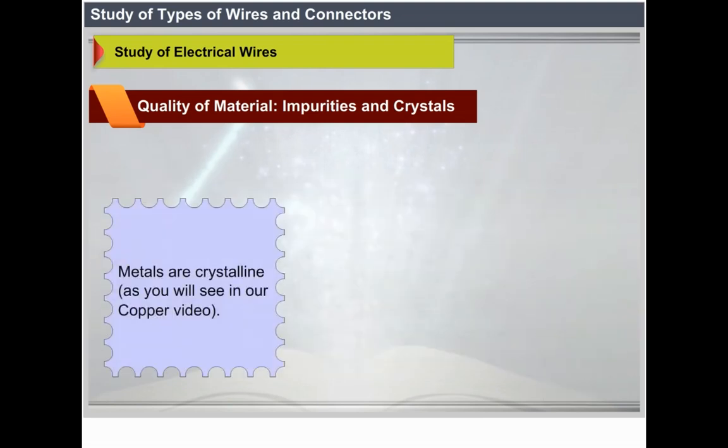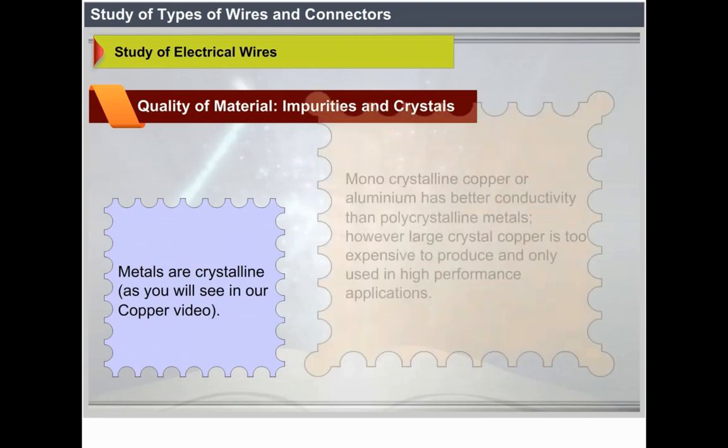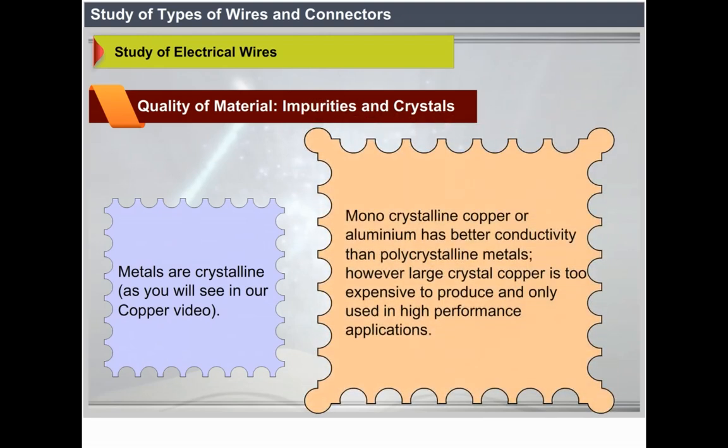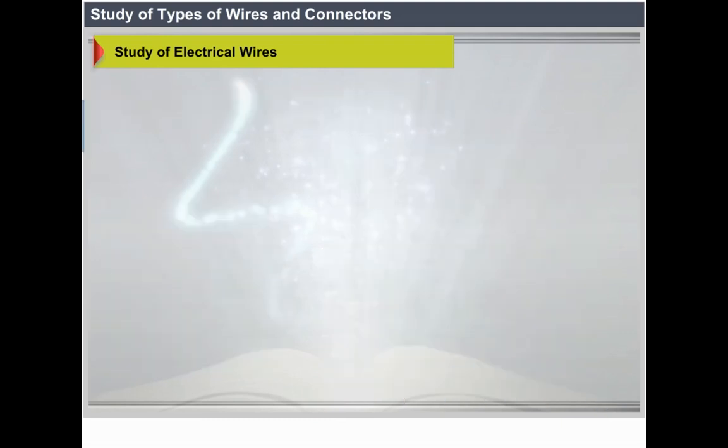Metals are crystalline, as you'll see in the copper video. Monocrystalline copper or aluminium has better conductivity than polycrystalline metals. However, large crystal copper is very expensive to produce and only used in high-performance applications.